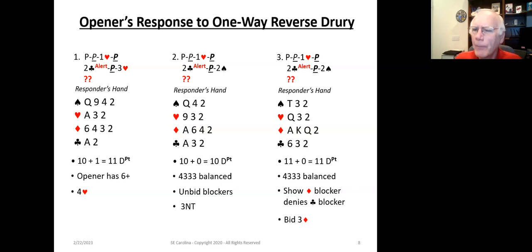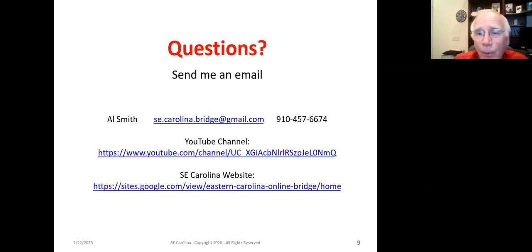Now our partner knows we have enough points to go to game, and our partner then might determine that he or she thinks it's best we should play in no trump. If so, they will bid 3 no trump. If they don't have a blocker in clubs, and you've already said you don't have a blocker in clubs, you know you don't want to be in no trump, so you're going to bid 3 hearts or 4 hearts. In this case, because you know you've got enough points for game, you're going to bid 4 hearts. So that's how you explore no trump.